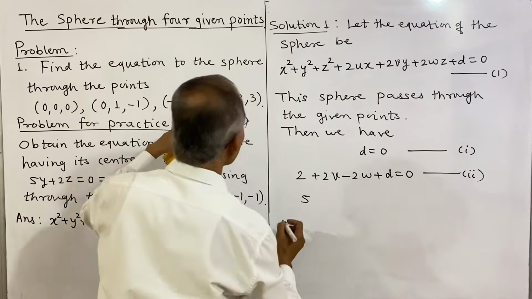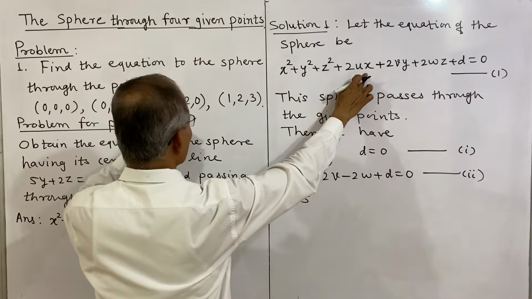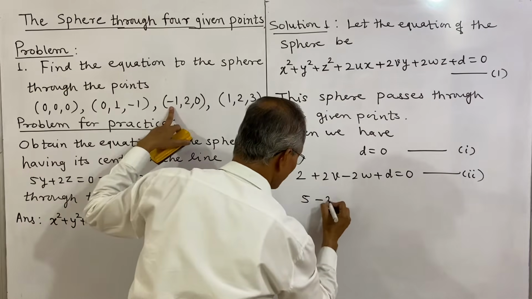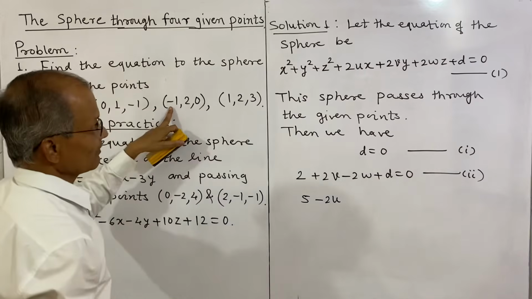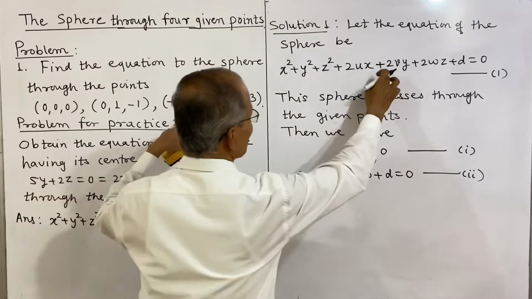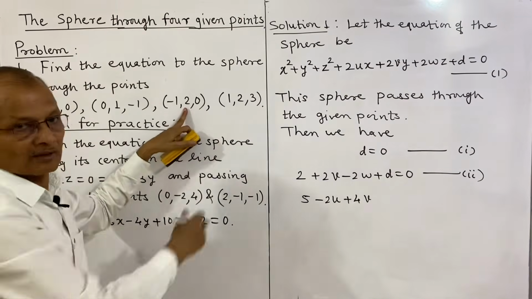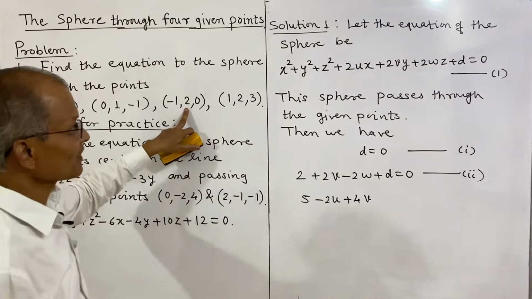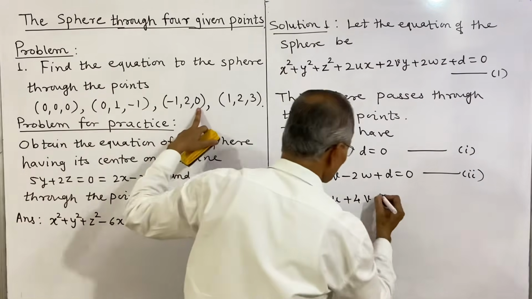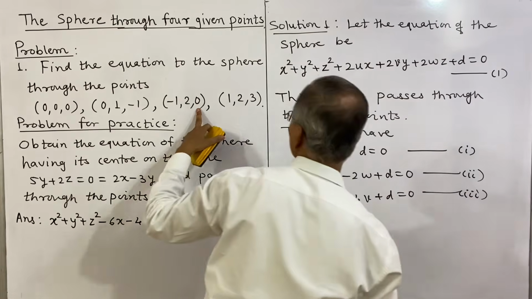Next is plus 2ux, x is -1, so this will be -2u. Further 2vy, 2v into 2, y is 2, that will be 4v. Simply we are putting the coordinates in that equation. So it is 4v, and z is 0, plus d is 0. This is the third relation.